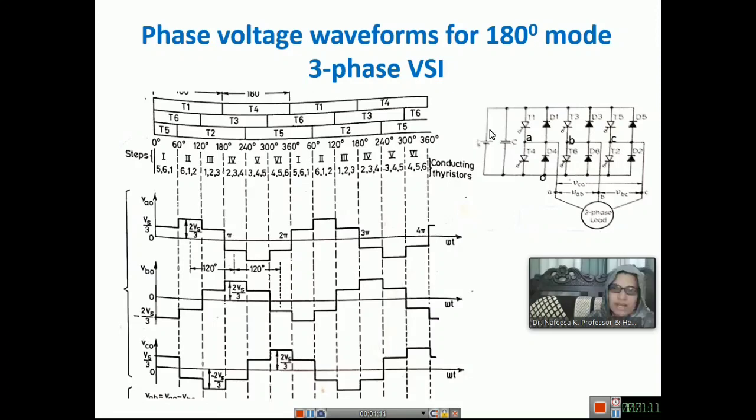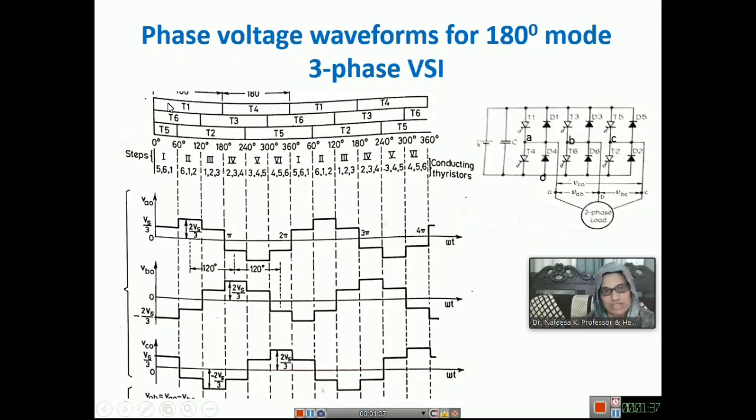Now we will see how these devices are fired. Here we can see that T1 is fired for 180 degrees, and similarly T3, each thyristor is fired for 180 degrees in 180 mode. Suppose you consider the first interval, from 0 to 60 degrees.